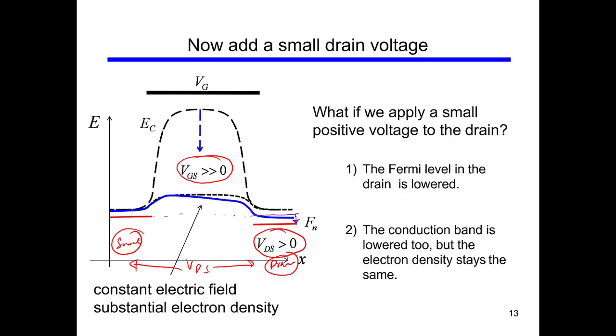In fact, this Fermi level is sometimes called the quasi Fermi level. Okay, it's just a name. You can call it Fermi level, but some of the reference material will call it quasi Fermi level. So this is what happens.